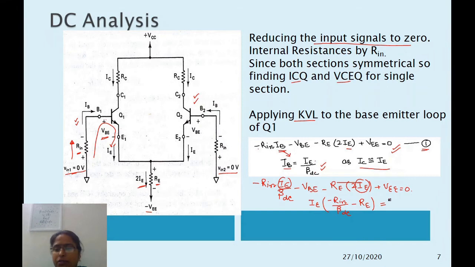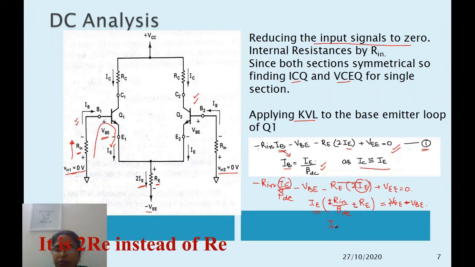We can take it equal to minus VEE plus VBE, right? So if we take this minus out, this will become positive.